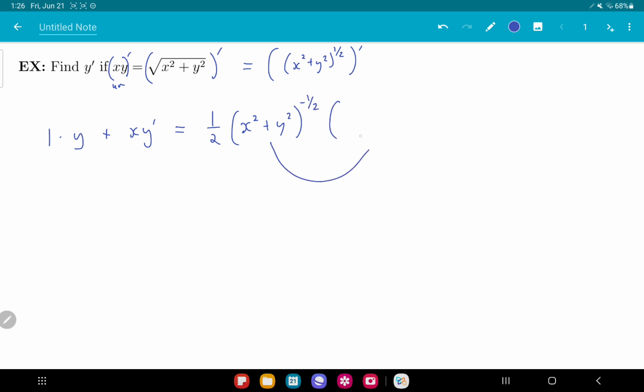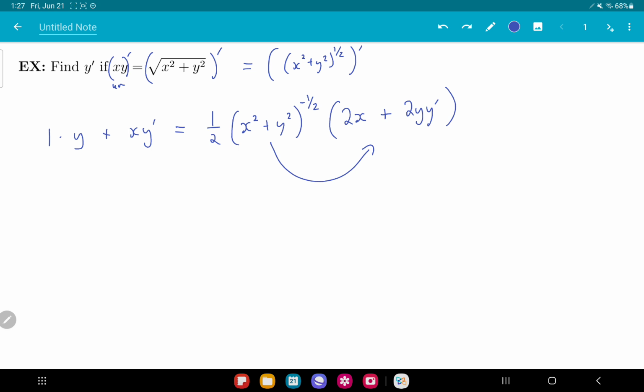And then you get the derivative of the inside function. So you get 2x is the derivative of this. And then you get 2y, but don't forget y prime. Again, the y prime pops out because you're doing a chain rule when you find the derivative of y squared.